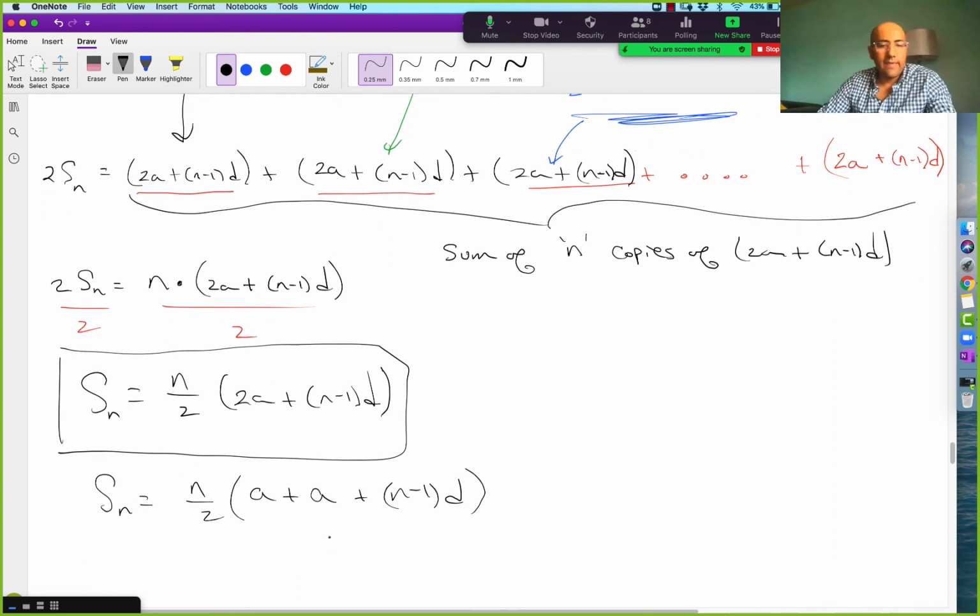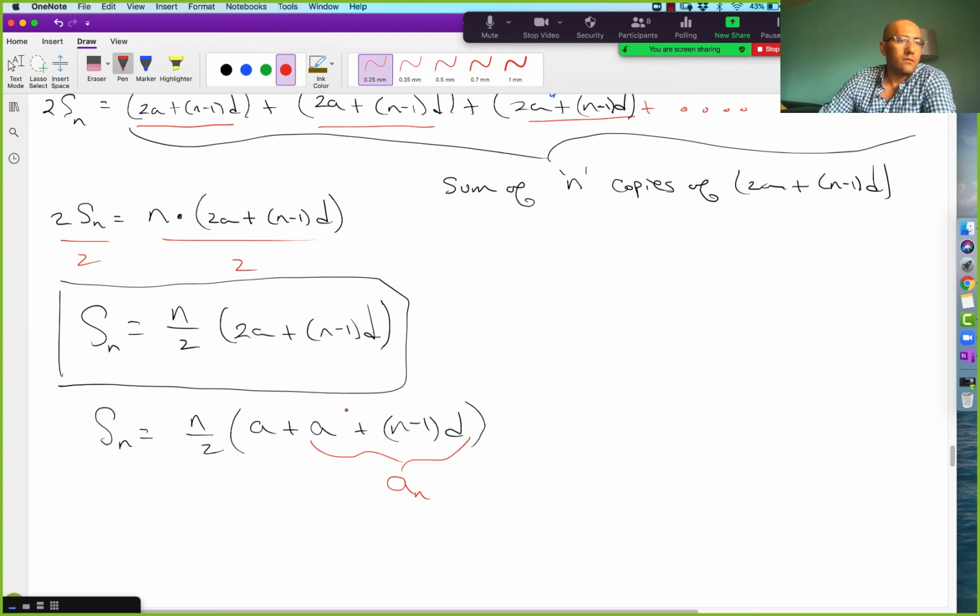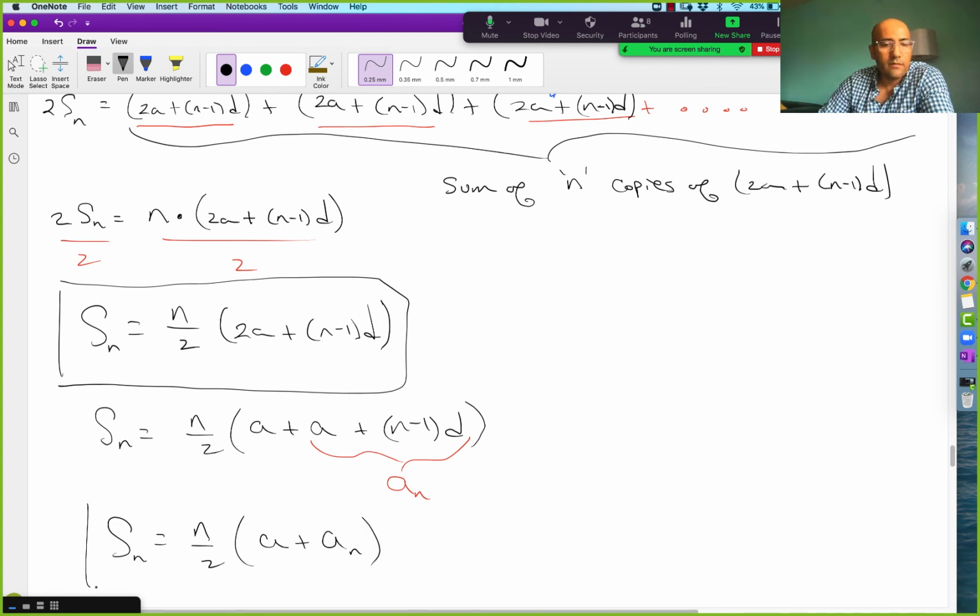And then this is the formula for the nth value. It's the last term. This is a sub n. So this is S sub n equals n over 2 times a plus a sub n. That's the other way that this formula is given.